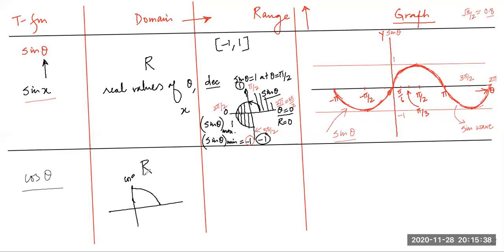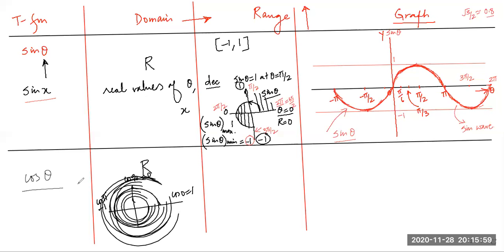And here, it is cos pi. So cos pi is again minus 1. So cos theta also dwindles between minus 1 and 1. No matter how big an angle you keep circulating, you know, you go for 2 pi, 3 pi, 4 pi, 5 pi, 1000 pi. But cos theta would just dwindle between minus 1 and 1.